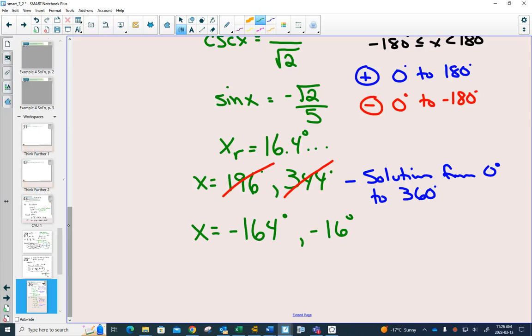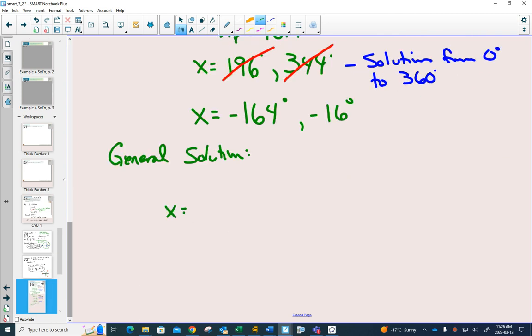Now the general solution, again, for me personally, I like to use the ones in the first time around. So I would use 344 and 196. I think your textbook probably used the negative 164 and the negative 16.